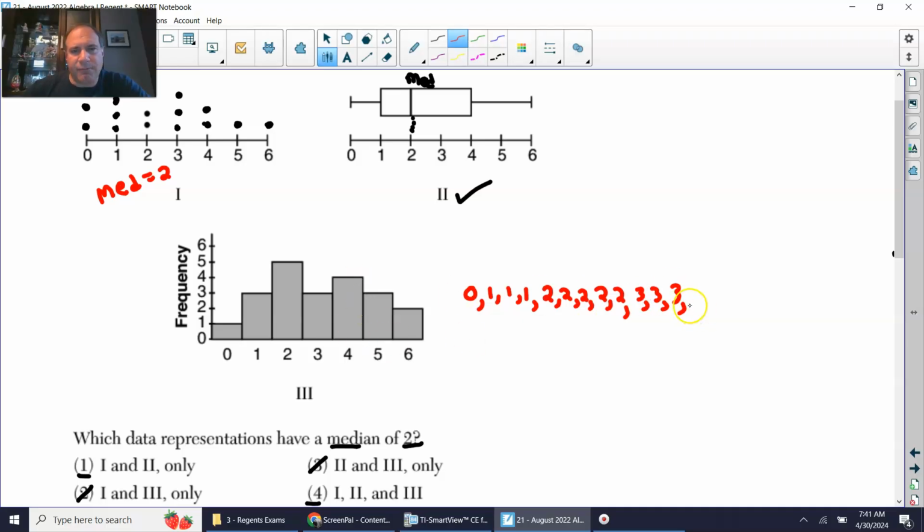And then there's 4 4s. And there are 3 5s. And there are 2 6s. And I listed them all out just to be safe.